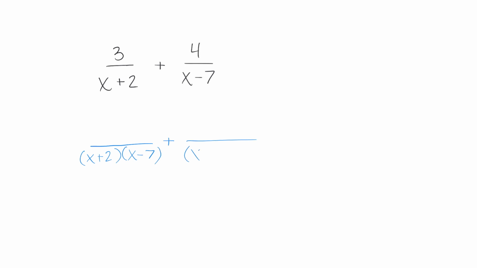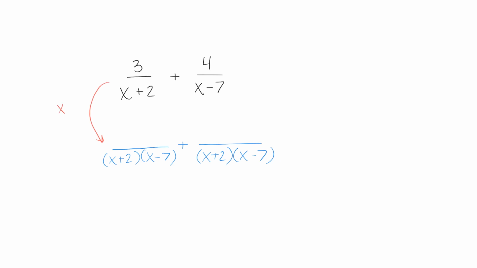That's really the only way we can get a common denominator. So that means that this side needs to multiply by x minus 7, and this side needs to multiply by x plus 2. So I've already done that in the denominator because I already wrote it right here.